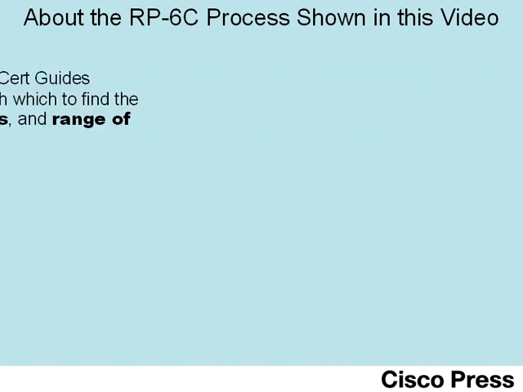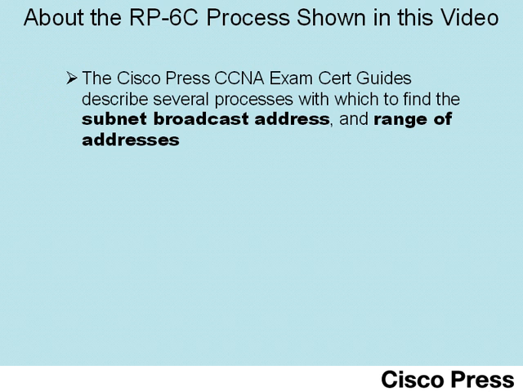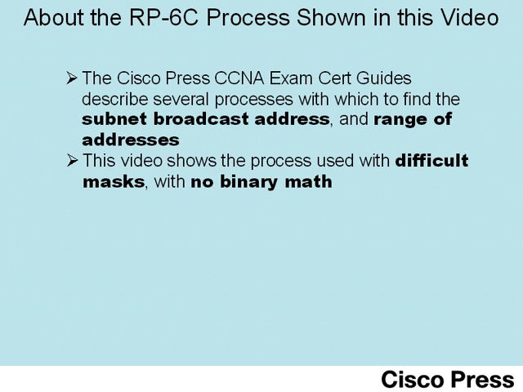Next, for context, I need to give you a little bit of background about the specific process that's described in this video. The Cisco Press CCNA exam certification guides describe several processes with which to find the answers shown in this video: the subnet broadcast address and the subnet's range of valid addresses. Now, this video focuses on a single one of those processes, namely the process that's used when the subnet mask is a difficult mask and you don't want to use any binary math.